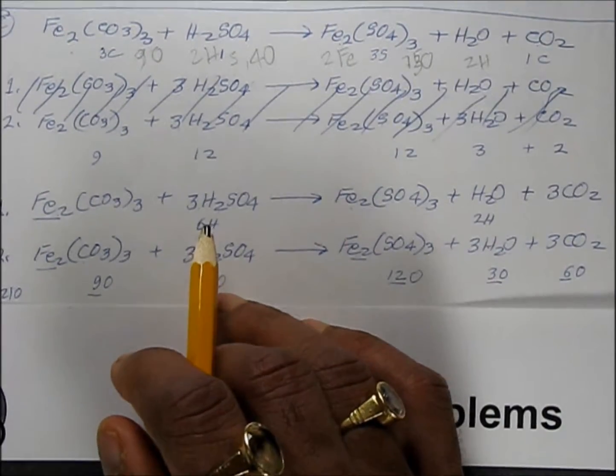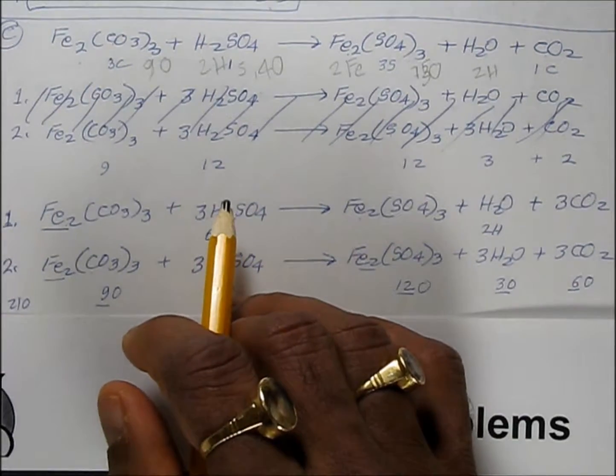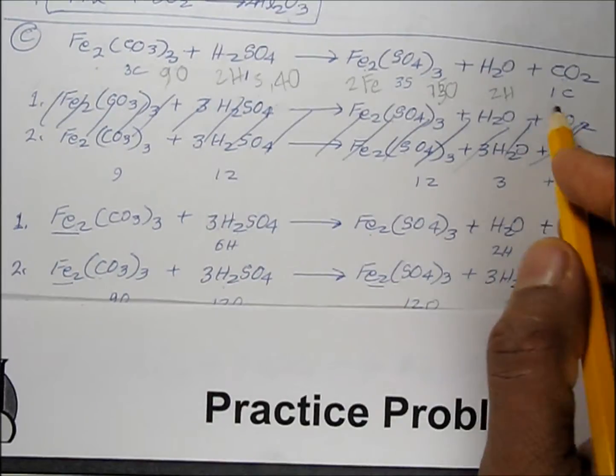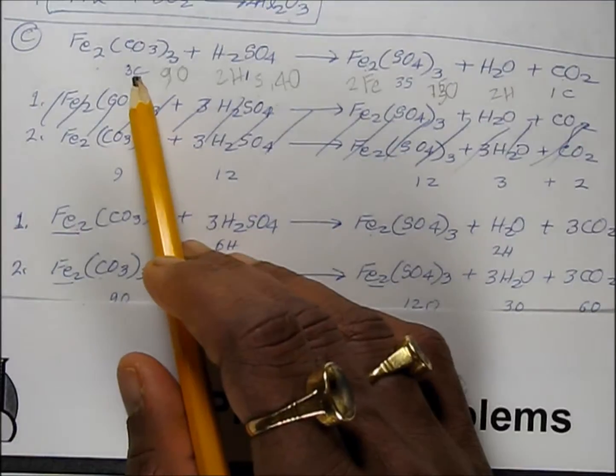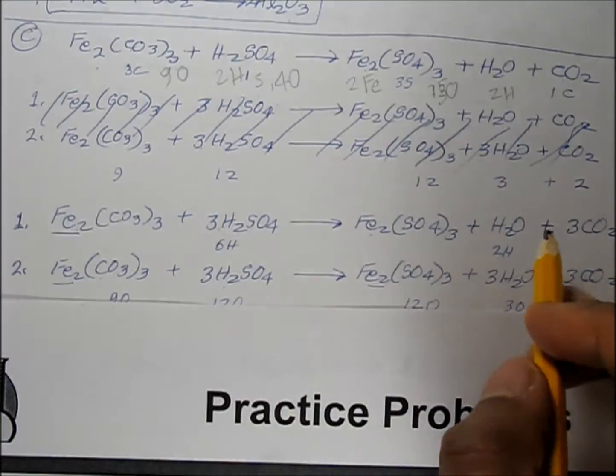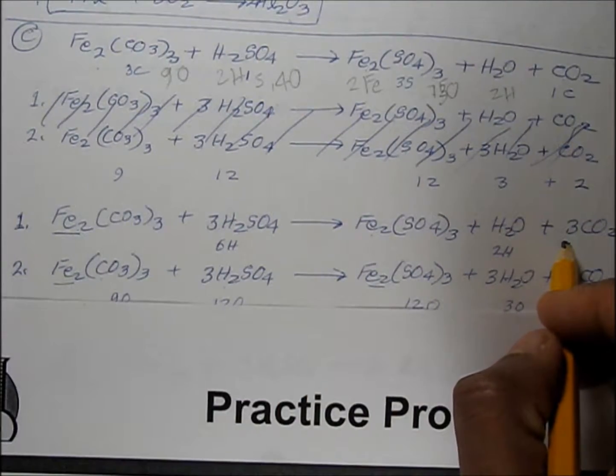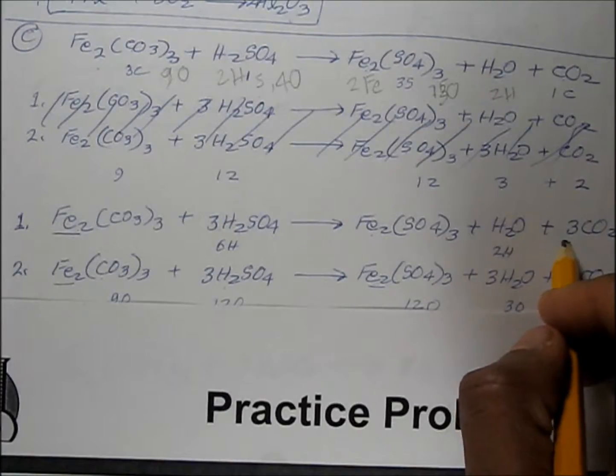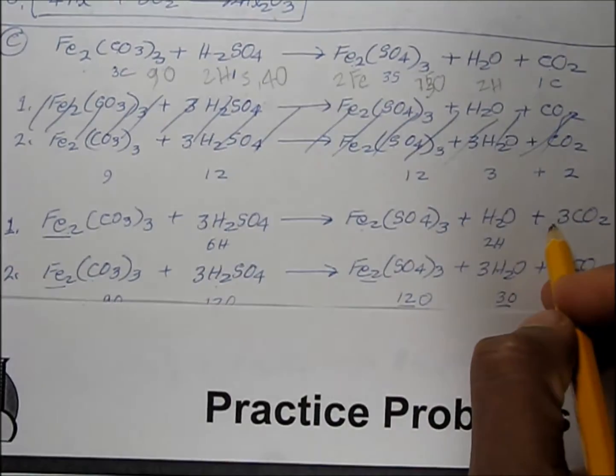First we will add, so 1 carbon on this side and 3 carbon on this side. We will add 3 coefficient in front of carbon dioxide gas so that we can balance the carbon first.